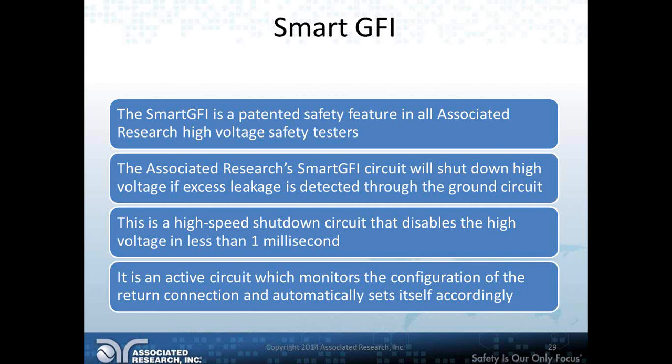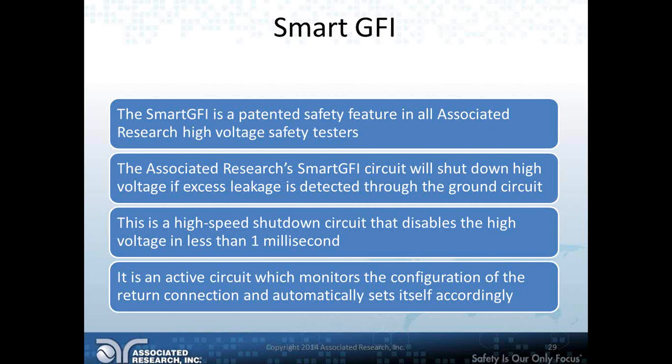Now, let's look at this schematic, or circuit diagram, for the Smart GFI. Many testing applications are very versatile, and production lines can quickly be reconfigured to manufacture and test a wide range of different products.